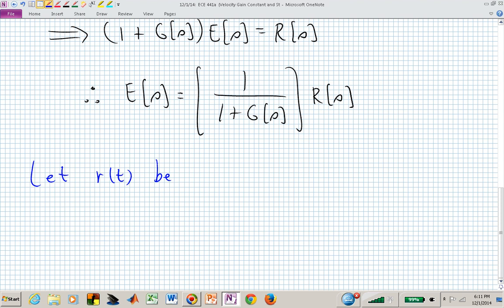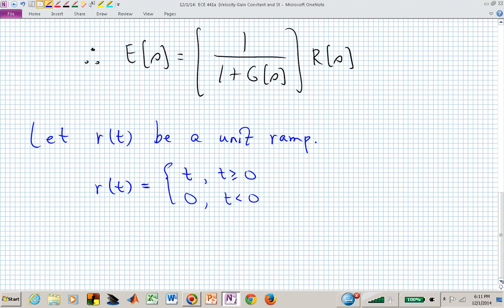So let's look at a reference input signal that will generate a non-zero error signal. So for ease of discussion, let r of t be a unit ramp. We're now saying that r of t is simply equal to 1 times t for non-negative values of t, and it's 0 before t gets to 0.